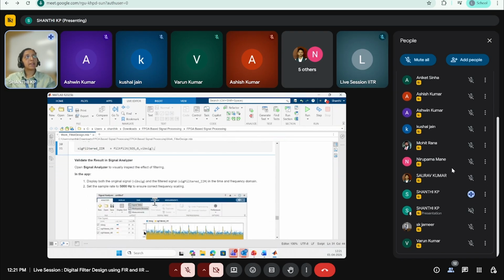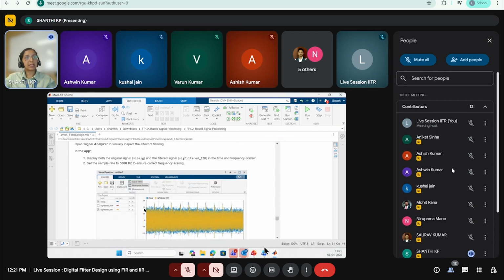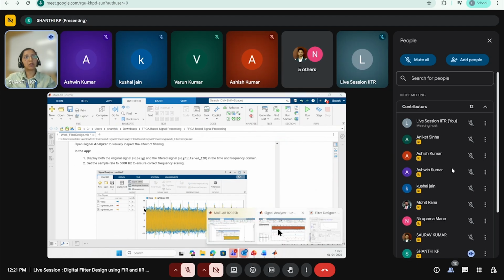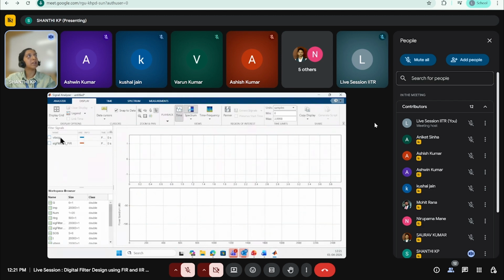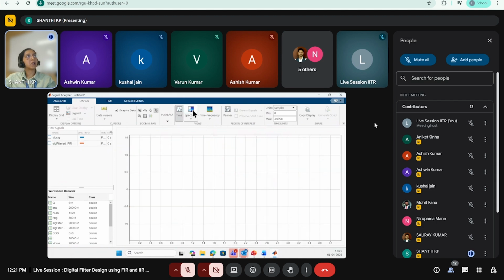Now let's validate the results in the Signal Analyzer app. Let's go back to the Signal Analyzer app. We'll uncheck whatever was displayed earlier, the FIR filtered signal and the noisy vibration signal. Let's first visualize the filtered IIR signal.